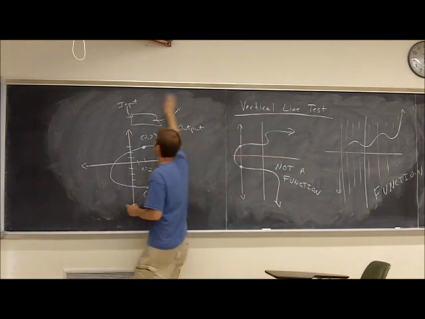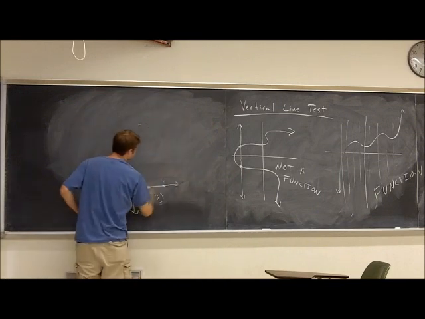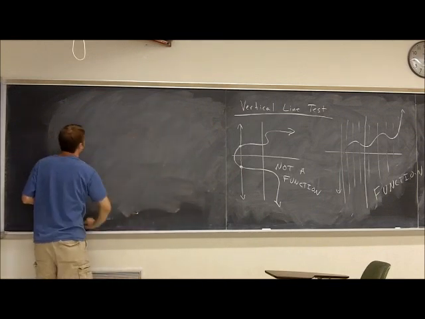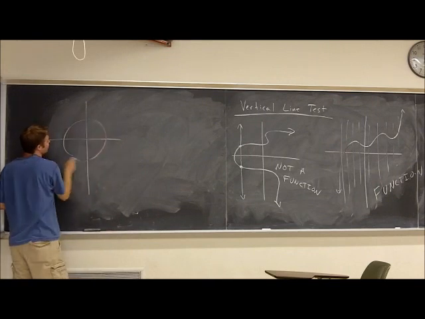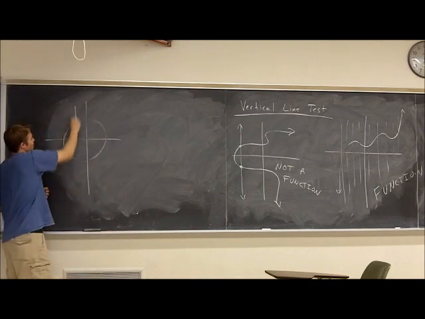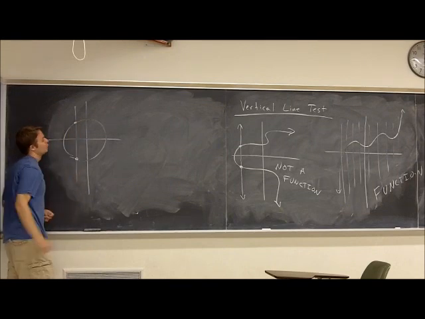If you think of some other basic shapes that aren't functions versus something that is a function, for example, a circle is definitely not a function, because I can draw a vertical line right there and automatically hit 2 points.